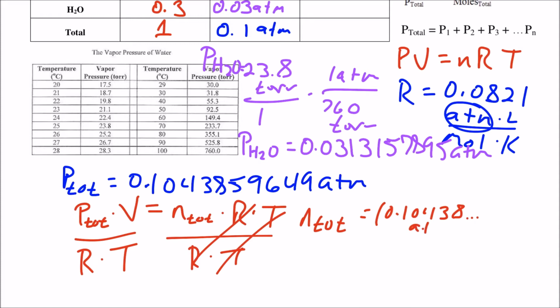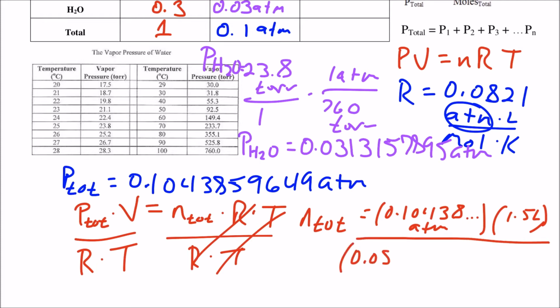So it's equal to the total pressure, and of course that's in atmospheres, times the volume, 1.5 liters, over the gas constant, times our temperature in Kelvin.